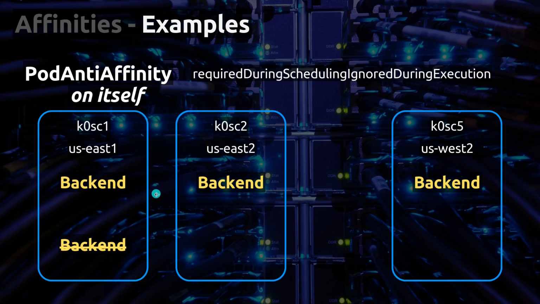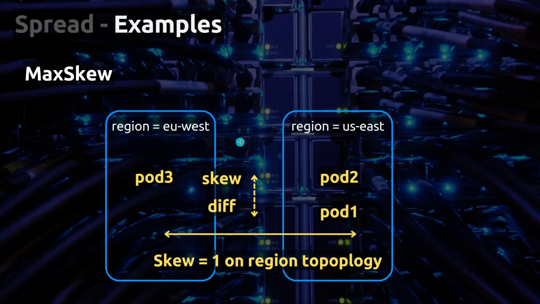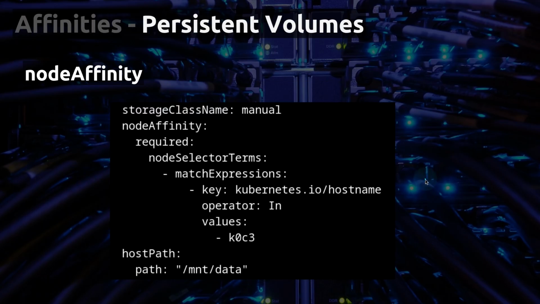I want to have only one pod of difference between each node, meaning that I can have 2 here, 2 here, and 1 here, or maybe 1 here, 1 here, and 2 there. Okay, so this is what we sum up here.